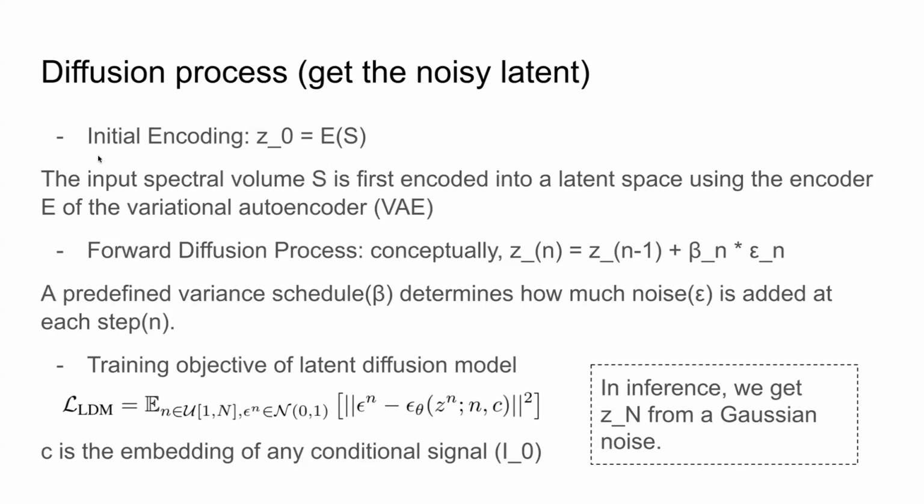In the forward diffusion process, we can capture this concept. In this paper, the author didn't give details about how the noise is added, but overall the concepts should be very similar to other diffusion models. In this process, we continue adding more noise to the noisy latent to make it noisier and noisier.